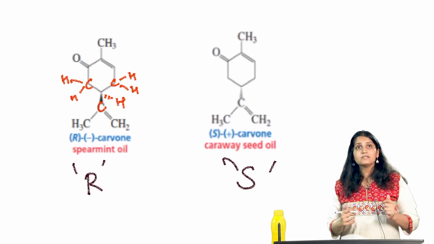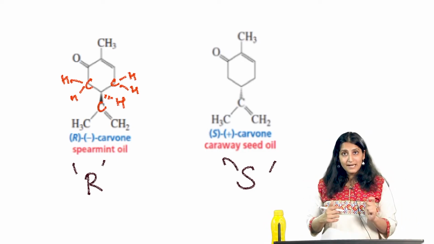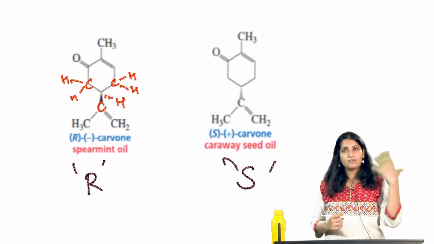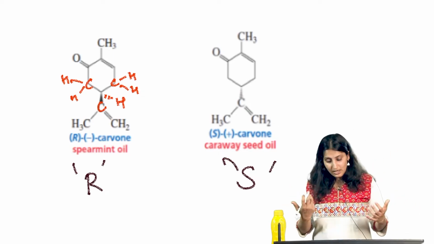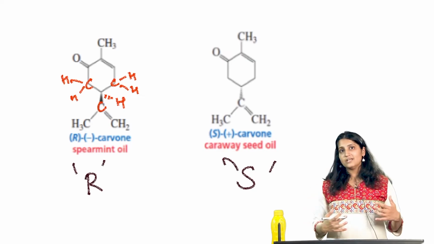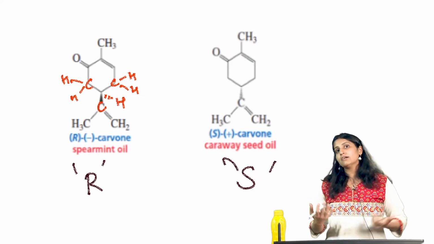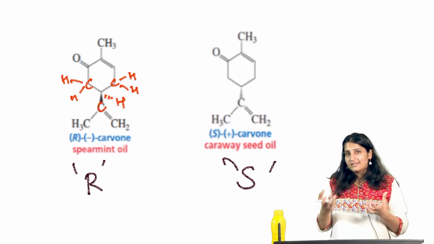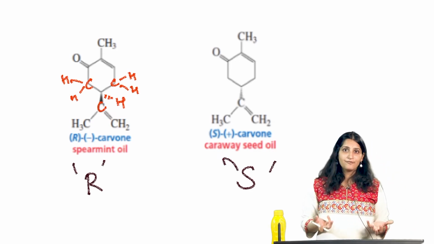In fact, you must have smelled these 2 molecules. One of them is the spearmint, which is a very minty smell, whereas the other one is caraway seed oil. Caraway seed oil, in the Indian context, we call it saunf, and you will remember that these 2 actually smell very differently.